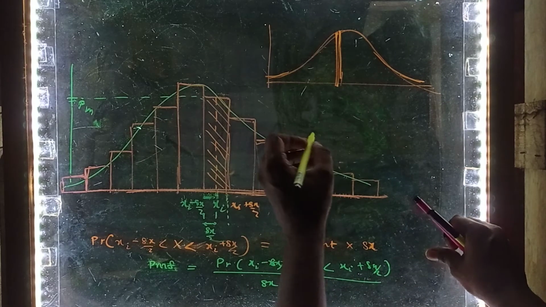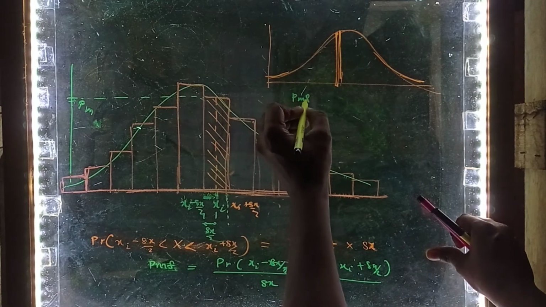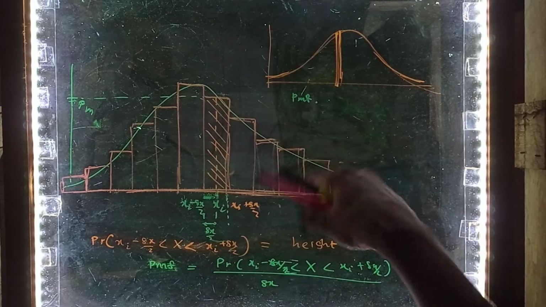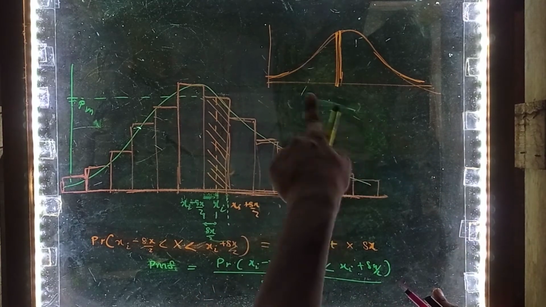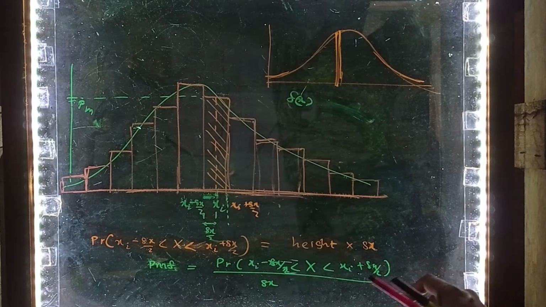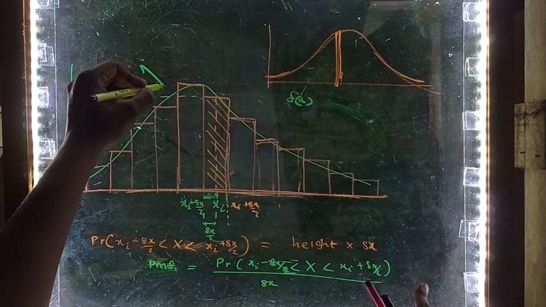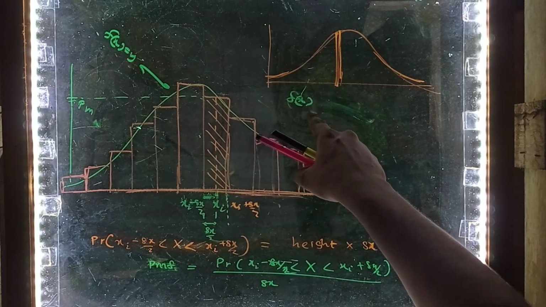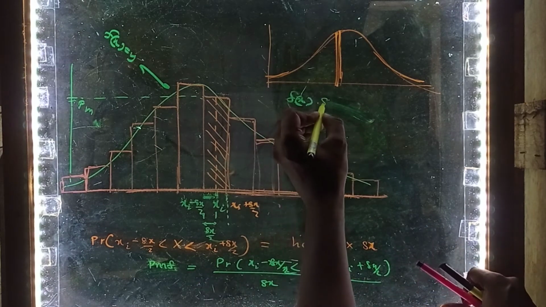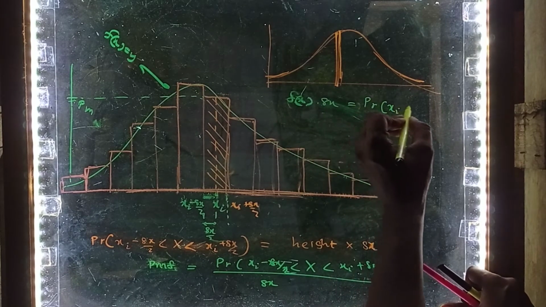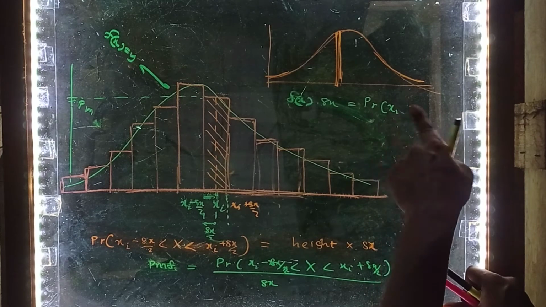The height is the probability mass function. Let me pick it as the probability mass function f of x, so y equals f of x. Times delta x, this is going to be equal to the probability from here.